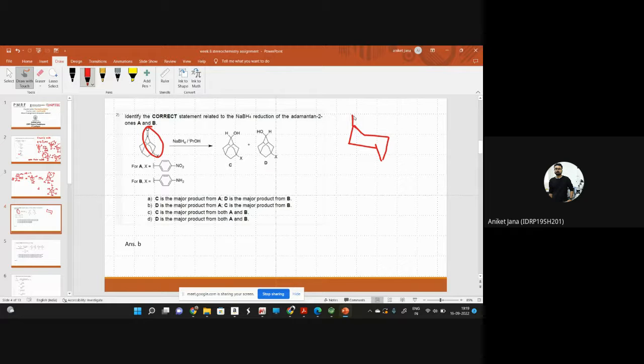Okay, so here the carbonyl group is there and here the X substituent is there.